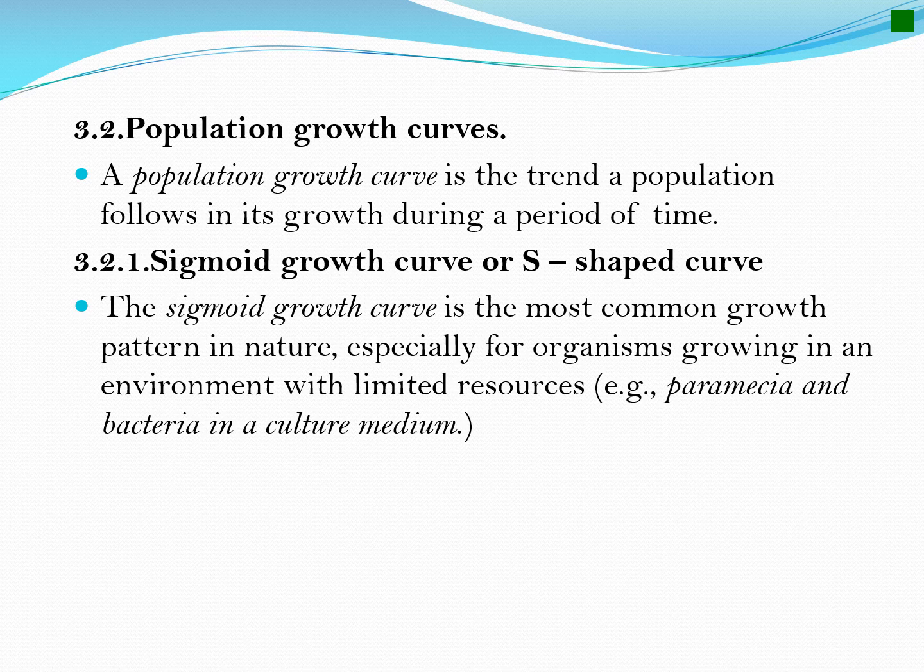Population growth curves. A population growth curve is the trend a population follows in its growth during a period of time. The sigmoid growth curve, or S-shaped curve. The sigmoid growth curve is the most common growth pattern in nature, especially for organisms growing in an environment with limited resources.